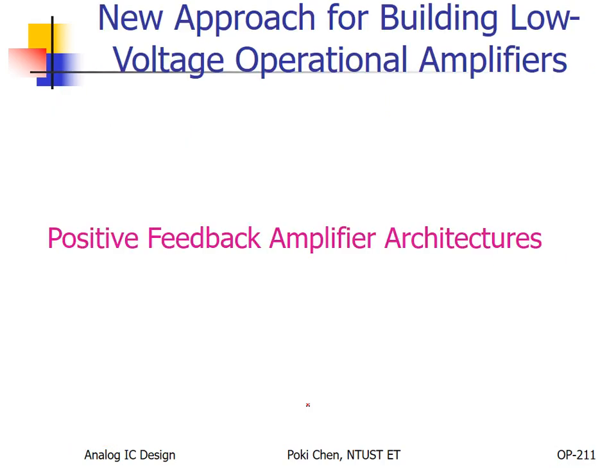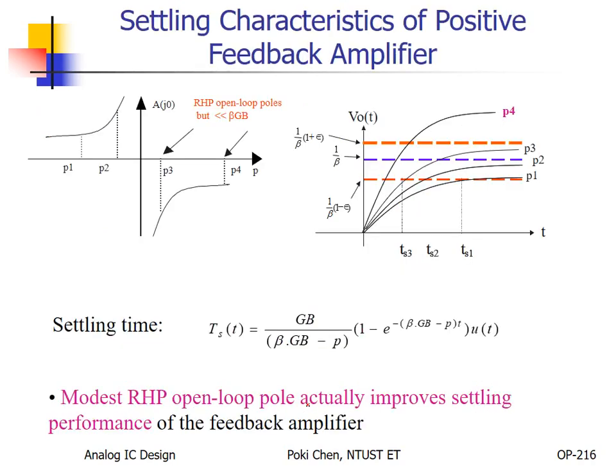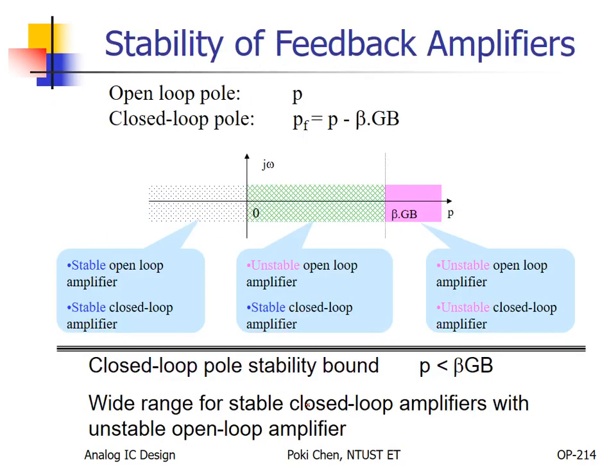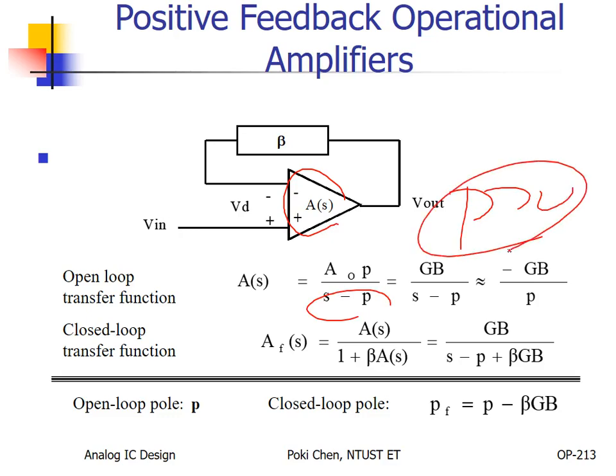A few moments ago, positive feedback amplifier. Okay. I will come back to this topic. But before ending, I had better show you this. Again, moments ago, I told you if this one is unstable, just like this, P is positive.